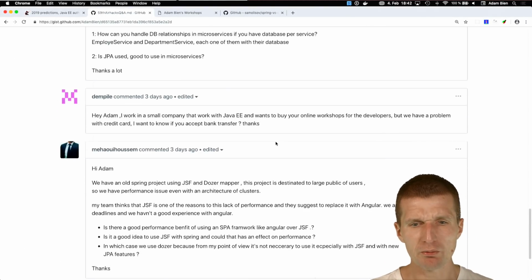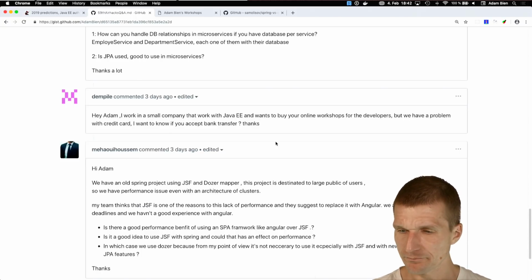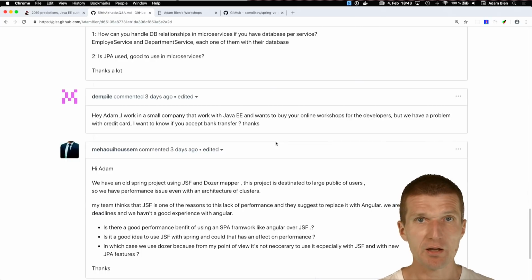how can you handle DB relationships in microservices if you have a database per service? It only works, as I said before, if you are thinking about the business first. Let's say, my standard example, we have hotel booking and we have flight.